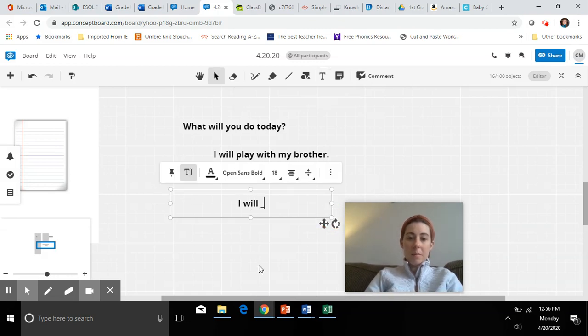I will blank and blank. Okay? Your sentence should follow this sentence frame. I will blank and blank. See if you can take your paper and write a sentence using this sentence frame.